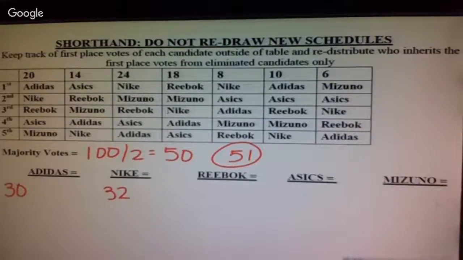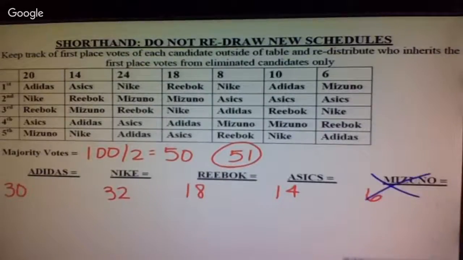Reebok has 18. Asics 14. And Mizuno 6. So far, so good. Okay. Nobody has a majority. Who do we lose? Mizuno.